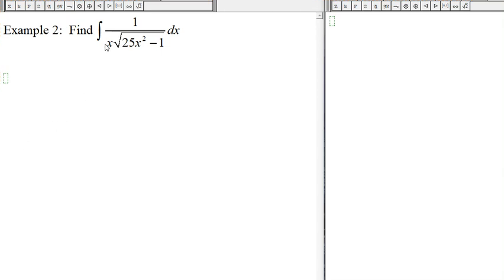So here we want to find the integral of 1 divided by x times the square root of 25x squared minus 1. And again, the integrand here is of the form that involves inverse trigonometric functions. So we use one of these formulas.